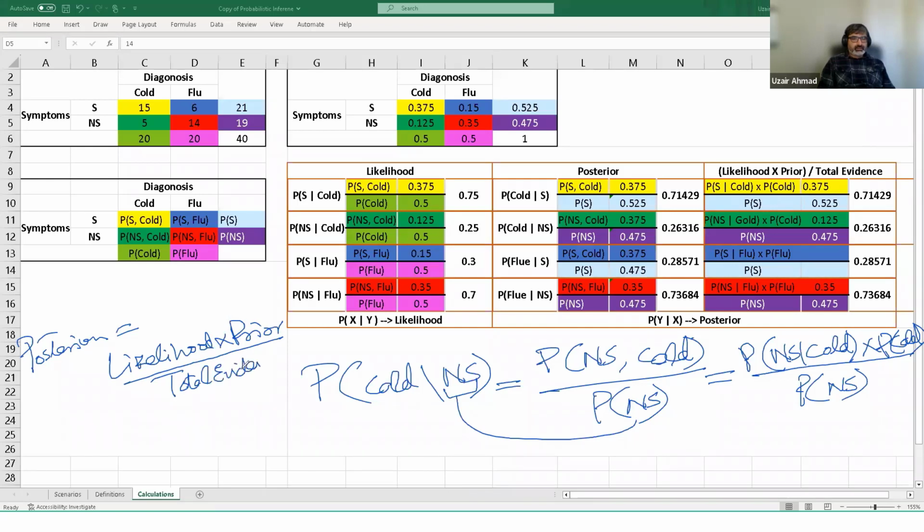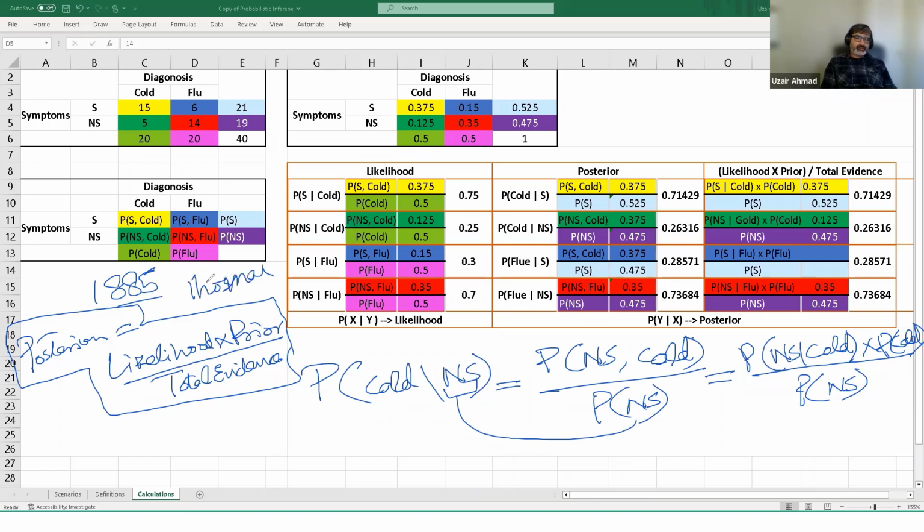Now, this formula, I didn't create it. It is as old as 1885 or around that time, formulated by Thomas Bayes, the great statistician.